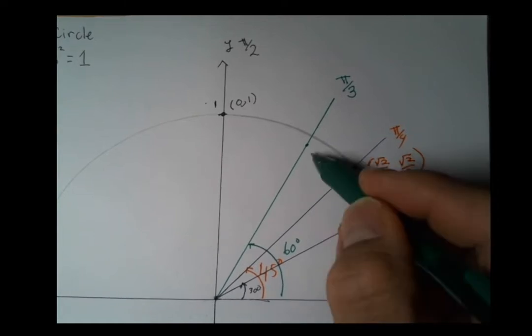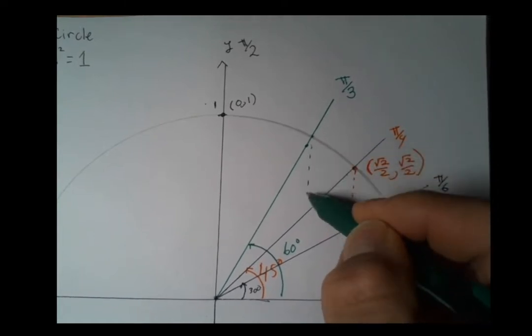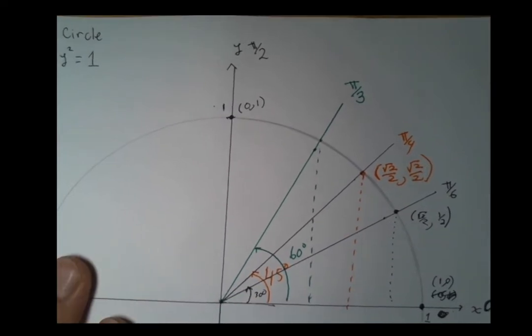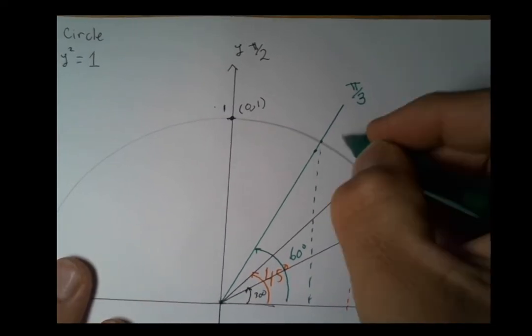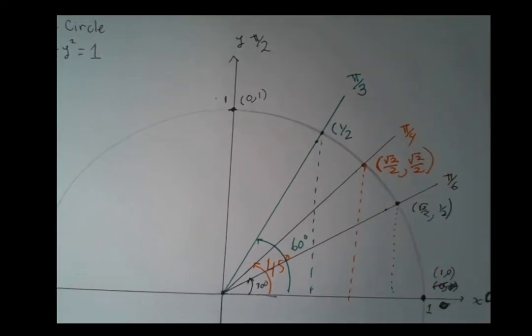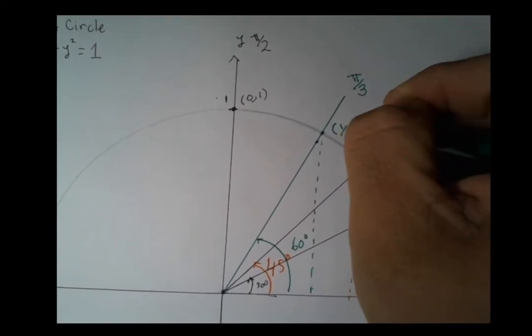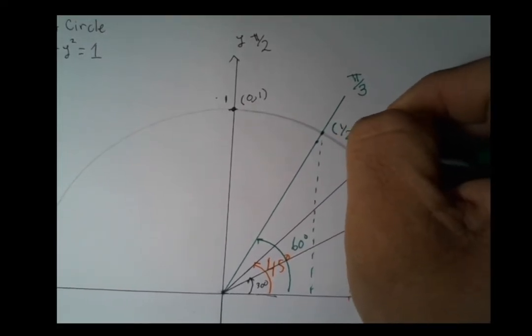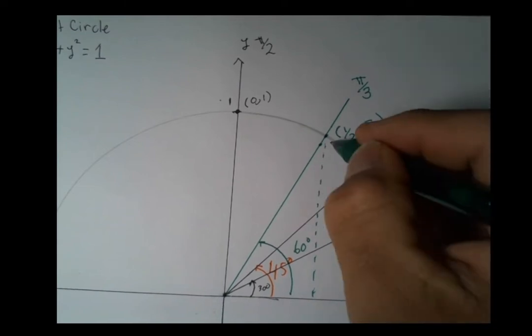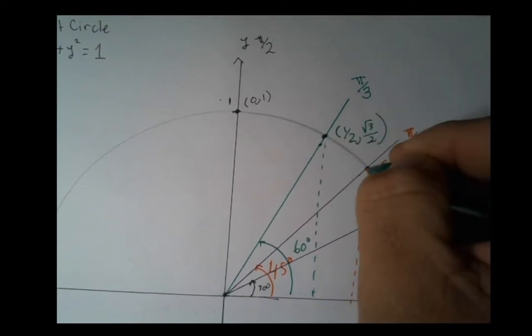Now we've flipped the 30, 60, 90 triangle on its side, so in this case the x-coordinate is 1/2 and the y-coordinate is root 3 over 2. That gives us our special points on the unit circle.